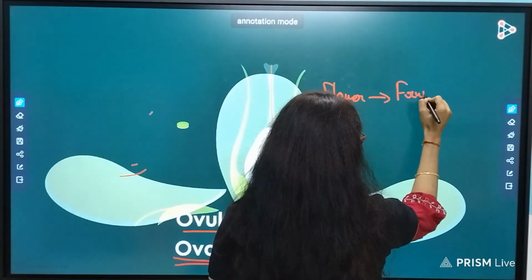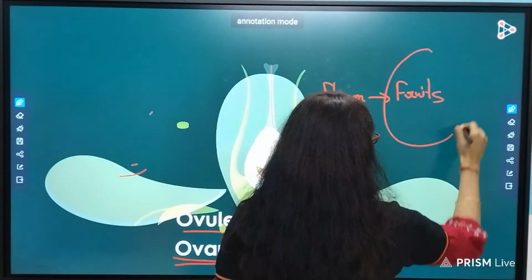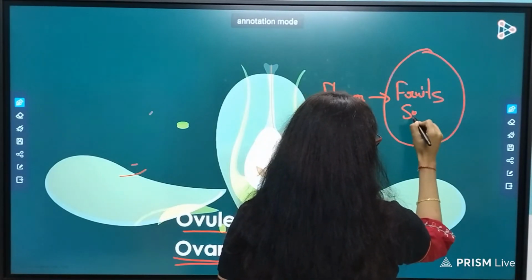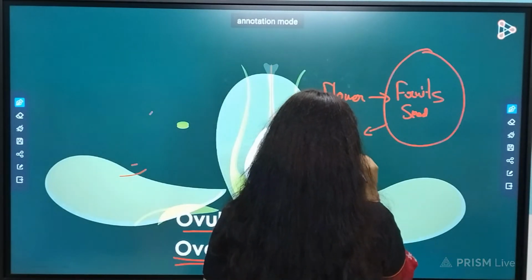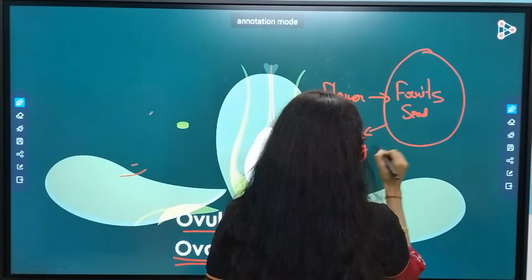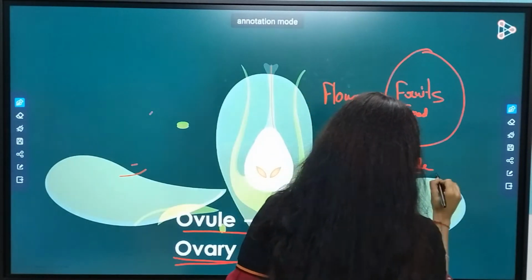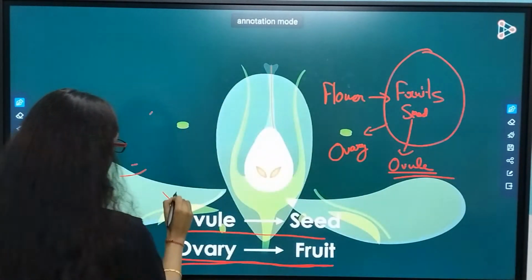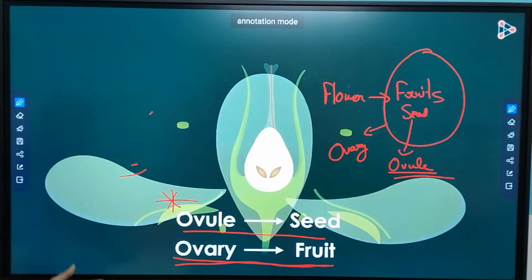That is why flowers are very necessary, and inside the fruit it contains seed. So fruit is the outermost part which is being formed from ovary, and seeds are formed from ovule. This is very important. Please take a screenshot or play the video again to watch it.